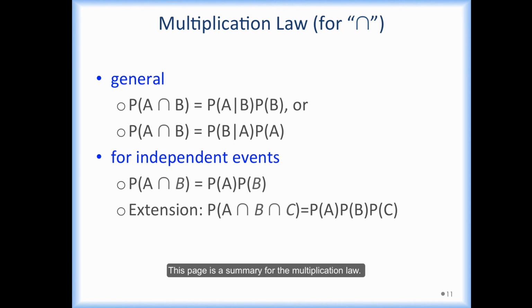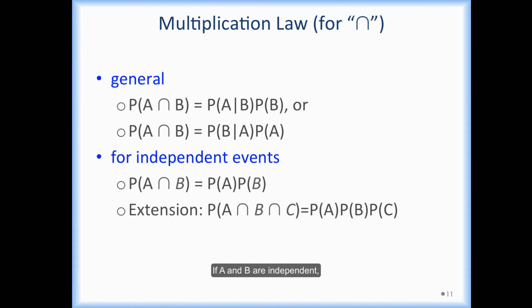This page is a summary of the multiplication rule. Note that if event A and event B are independent, we can simply calculate the joint probability of A and B by multiplying the probability of A by the probability of B. To see why this is the case, let's look at the first equation in this slide.